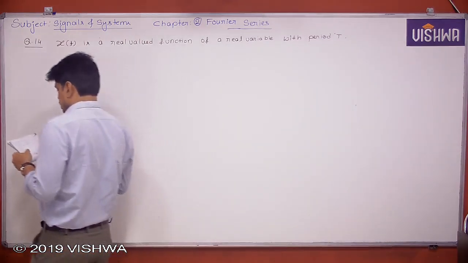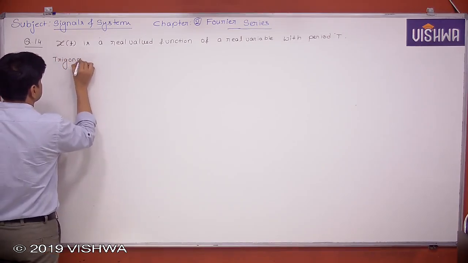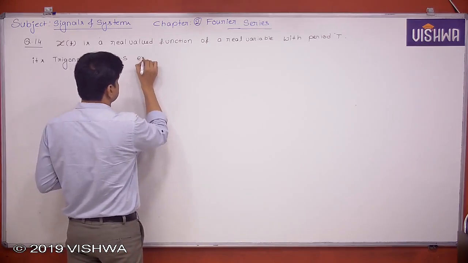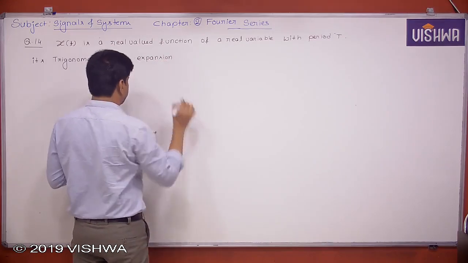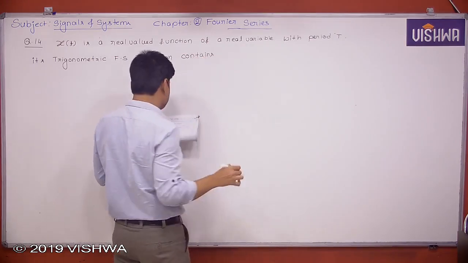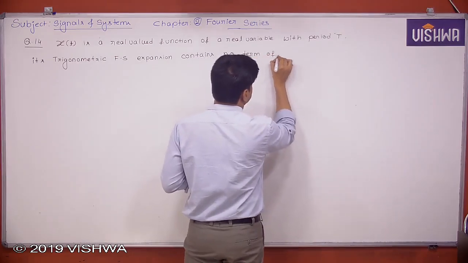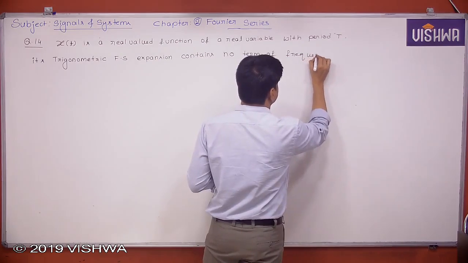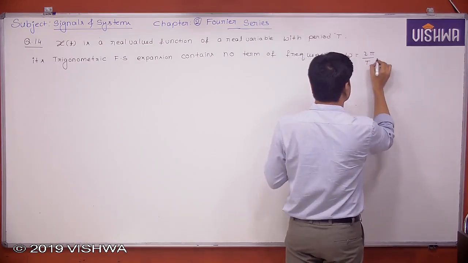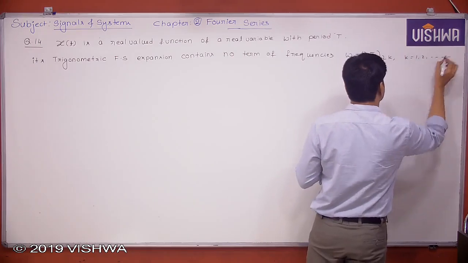It's a trigonometric Fourier series expansion. It contains no terms of frequencies omega is equal to 2 pi by T into 2k, where k is equal to 1, 2, 3 and so on.